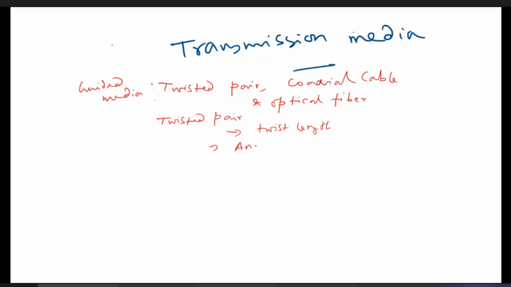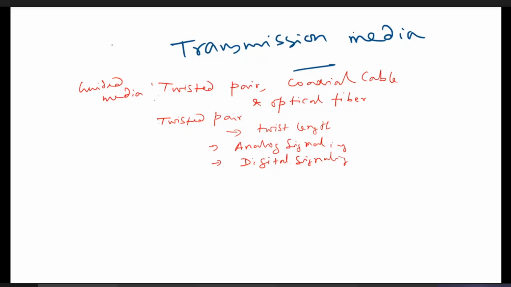It can support analog signals like voice signals, and digital signaling schemes can also be used here. Using a modem also, digital data can be transmitted, right? And in the digital signaling case, a data rate of the order of 10 Mbps can be achieved, right?